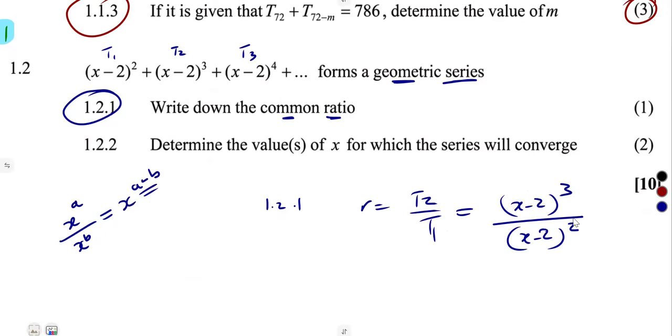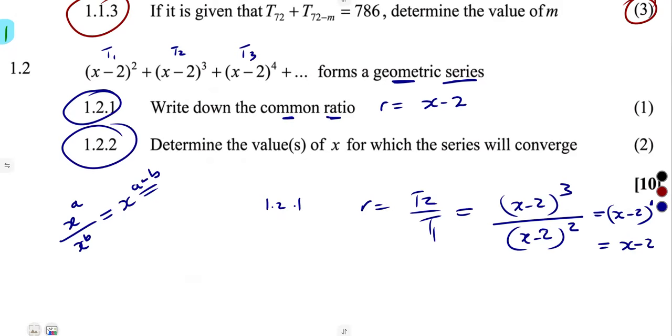So you subtract 3 minus 2, which is 1. That gives us (x minus 2) to the exponent of 1, which is simply x minus 2. So this is going to be our r. The common ratio is going to be x minus 2. Or you can even put the brackets, it is up to you, or you can just have it as x minus 2 directly.